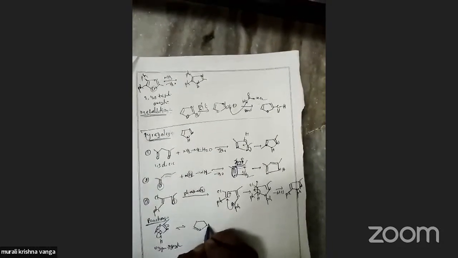Unsymmetrical pyrazoles exist in tautomerism, where the bond shifting takes place from here to here.